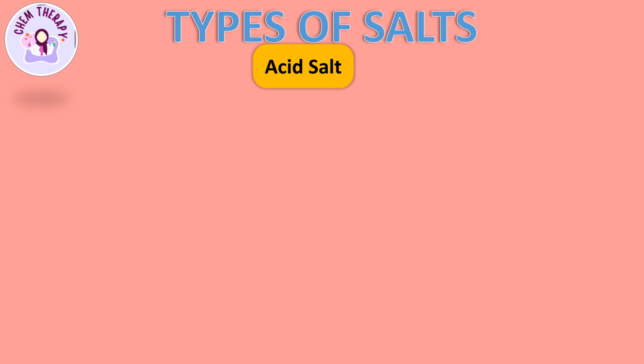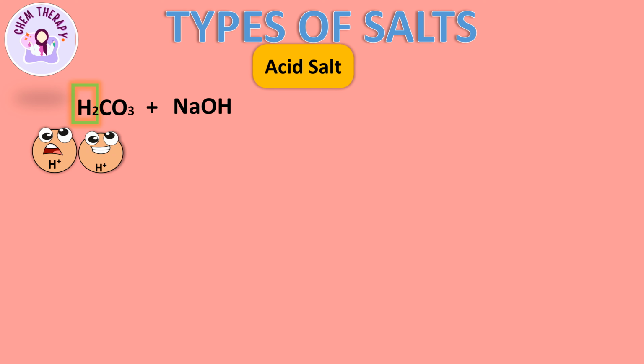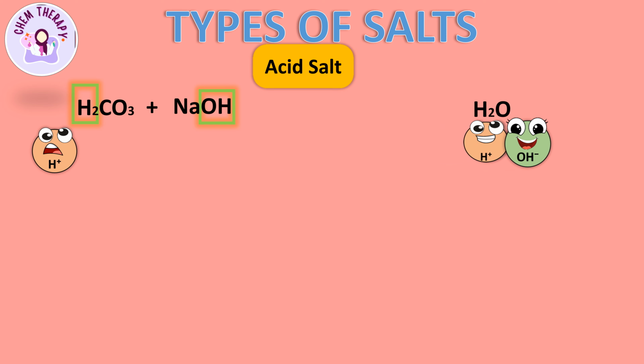Now, the next type of salt is acidic salt. Let's take an example. 1 mole carbonic acid reacts with 1 mole sodium hydroxide. Now here, unequal amounts of hydrogen and hydroxides are present. There are 2 hydrogens while just 1 hydroxide. Out of these, only 1 hydrogen and hydroxide neutralize each other to form water.